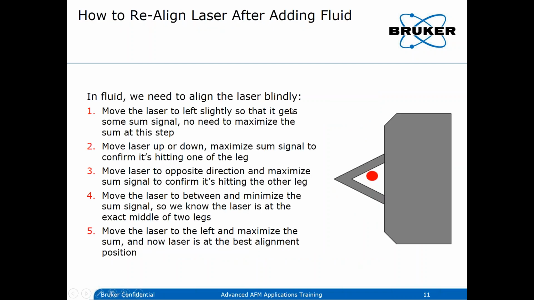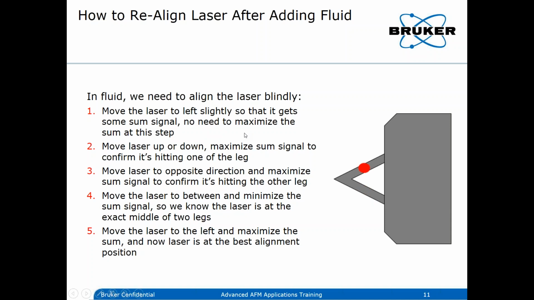So how to realign the laser after adding the fluid: in fluid, we need to align the laser blindly. So now you cannot use, for sure, the alignment station, and even if you have a reflective surface, it's hard to see the laser somewhere in the water. So you move the laser to the left slightly, so that it hits a leg again. Then you move the laser up or down to get the laser spot directly on the leg.